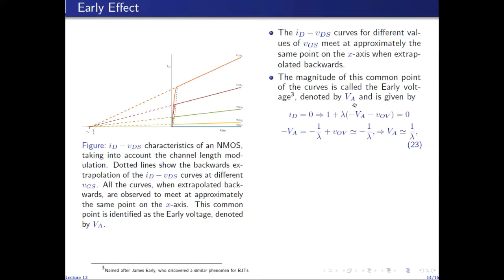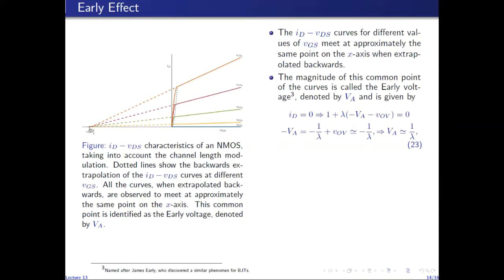It is named after James Early, who discovered a similar phenomenon of base width modulation for the BJT, which makes the collector current a function of collector to emitter voltage in the active mode of operation. From that reference, it is called the early voltage and is represented by VA.